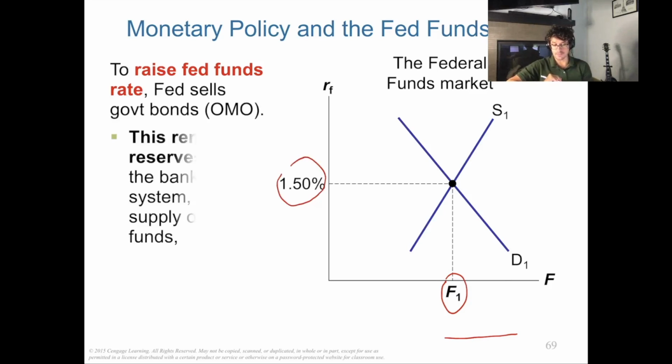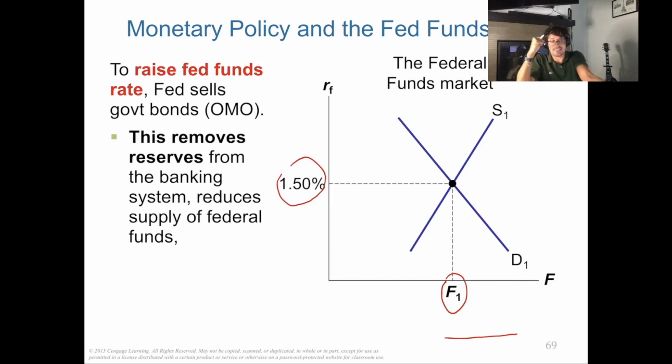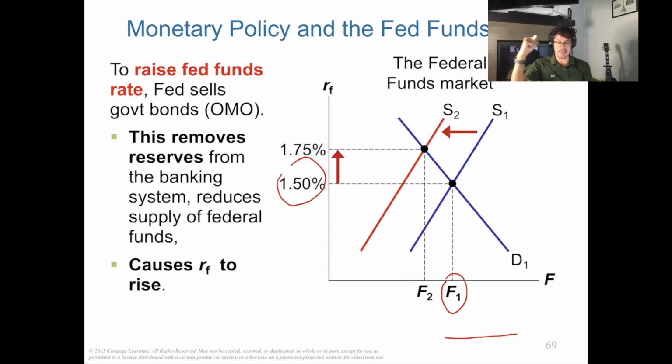If the Fed sells government bonds, which basically takes out, if you want, a supply of funds from the system, then this causes the supply of funds to be reduced. Okay, there is a reduction in the supply of funds, and this causes the interest rate to increase. So by affecting these markets, the Federal Reserve can affect the money supply.